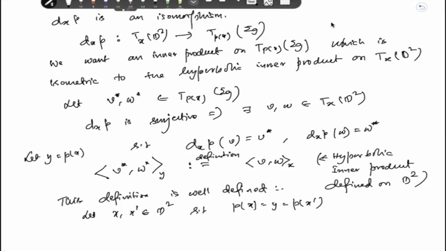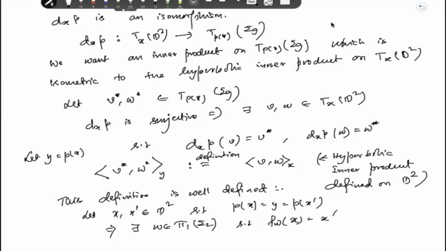This will imply that there exists some w belonging to pi 1 of sigma g such that f_w(x) is equal to x prime.